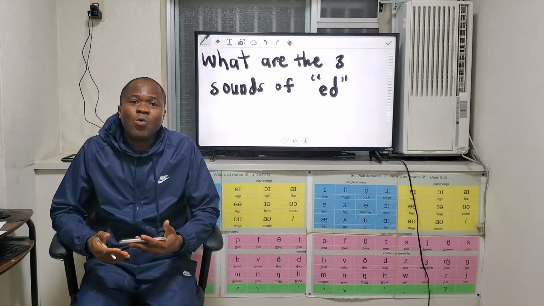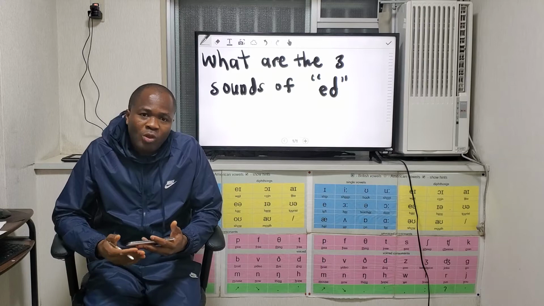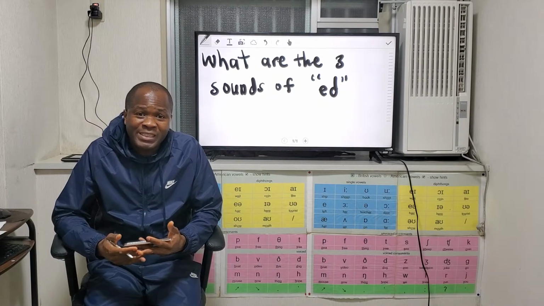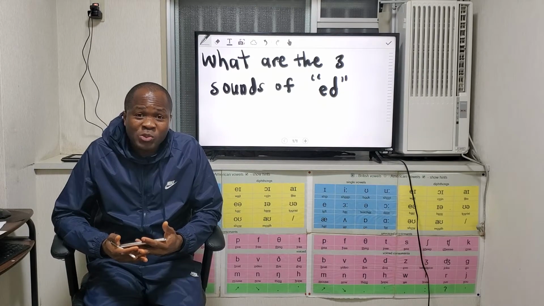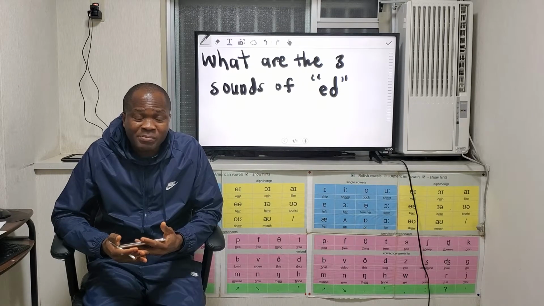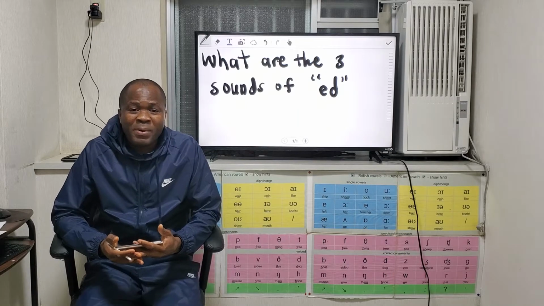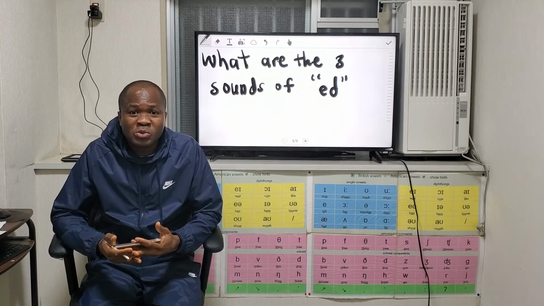The first thing that we want to say is that when we talk about ED, we are talking about the past simple tense. The past simple tense has two types, the regular and the irregular.